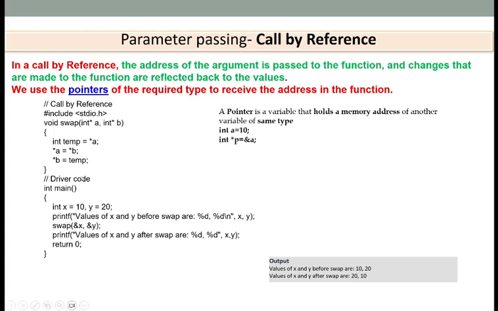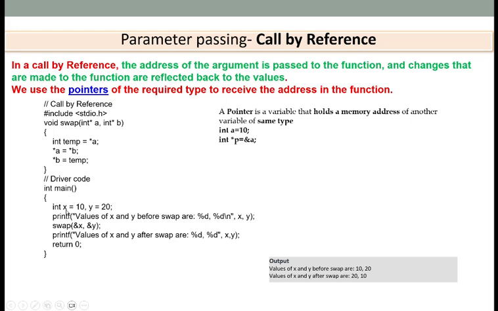Next, see here, here also same program, int main, int x is equal to 10, y equal to 20. Instead of passing the value directly x comma y, we are passing the address of operator. We are directly passing the storage space, that is ampersand x and ampersand y, which means where the value 10 is stored in x.